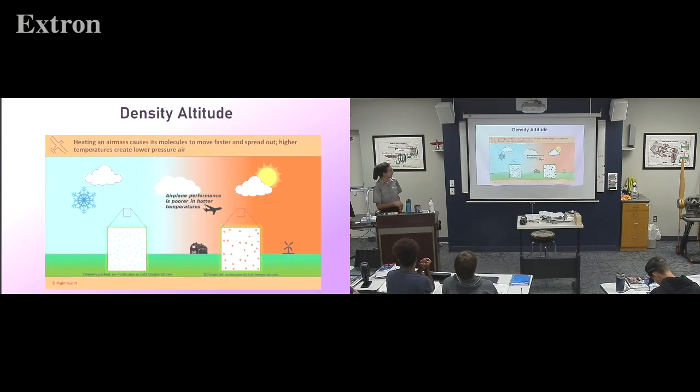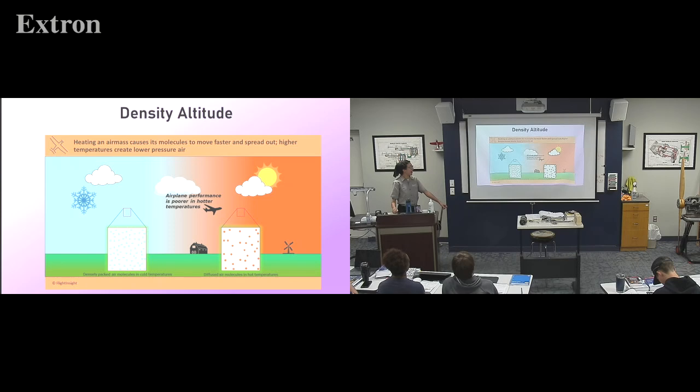Now here is the tricky thing as far as terminology. This is a nice visual. Here we have nicely cold, densely packed molecules. Here it's hot, they're all spaced out. So there are two terms, high density altitude and low density altitude. If you hear the term high density altitude, the term high goes with altitude, not density.